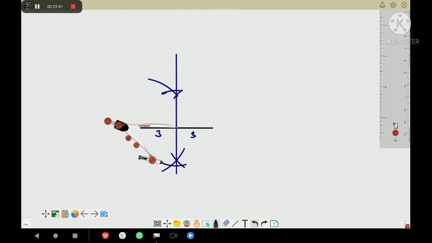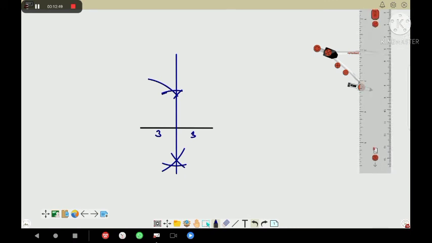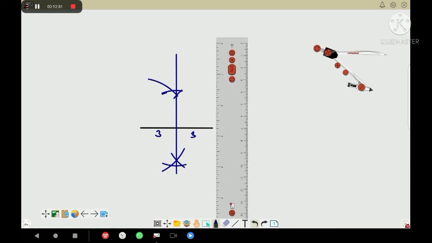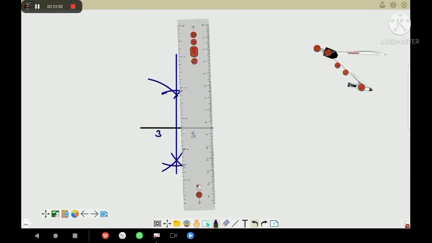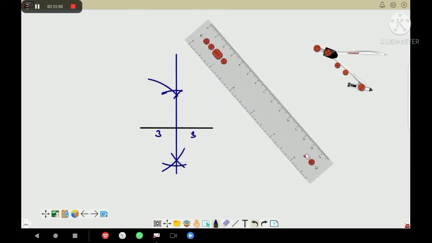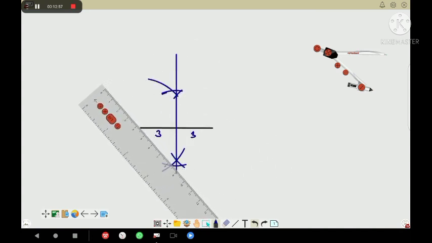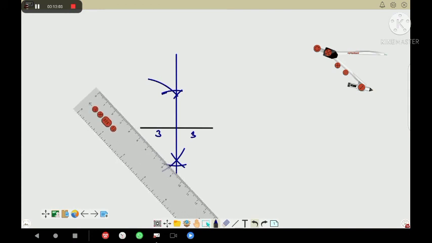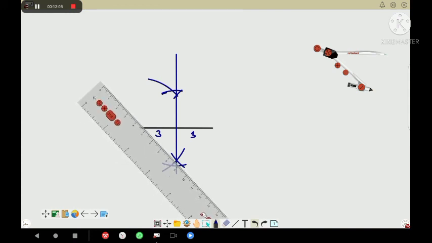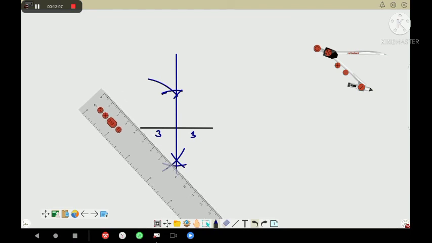So the question is: construct a square with a 6 centimeter diagonal.